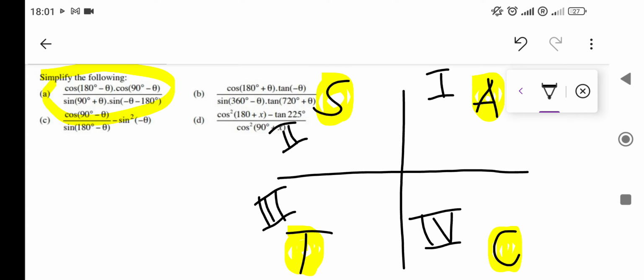What do all of these things mean? If I move from the positive x-axis anti-clockwise to my line, and the angle that I've covered is 90 degrees, that's why there's a 90 on top there.